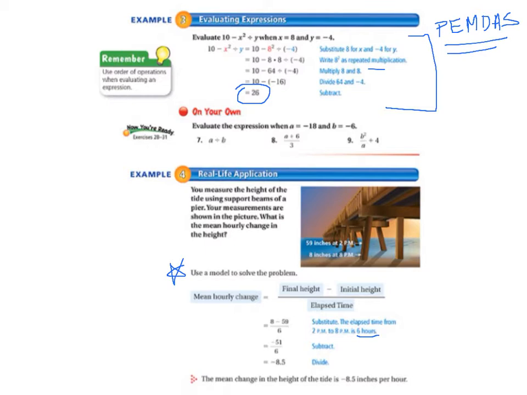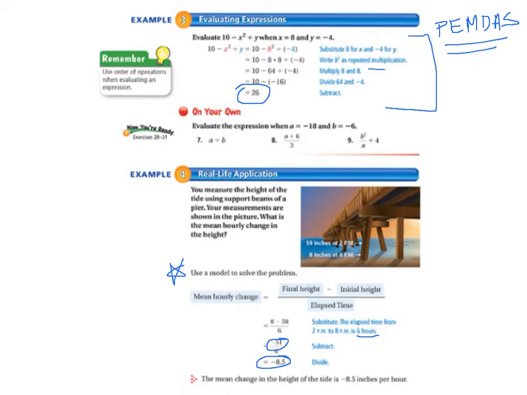And then we subtract 8 minus 59, which is negative 51 inches, so we have negative 51 over 6, and then we finally divide. Negative 51 divided by 6 equals negative 8.5.